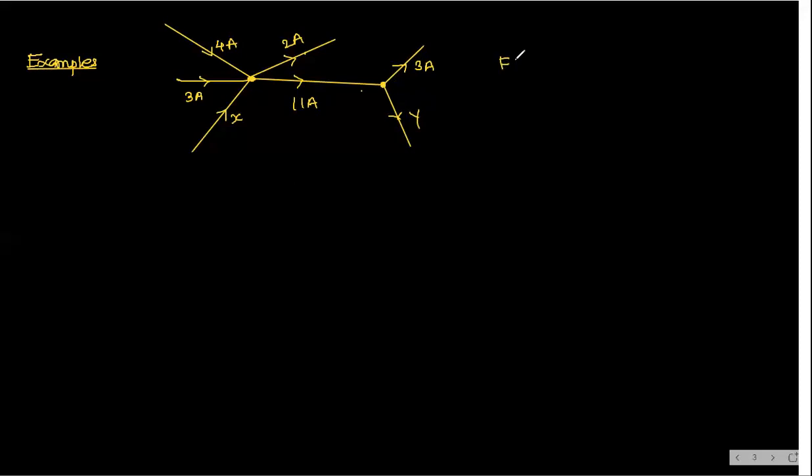First I will solve, next you do. Find x and y. And let us suppose these two junctions are junction P and Q. Listen first. Next problem you have to do. Don't need to do now.